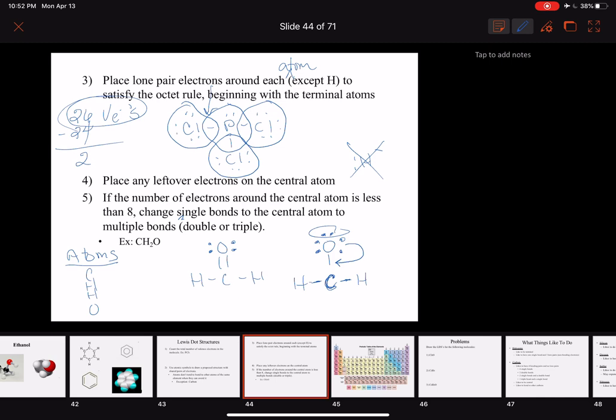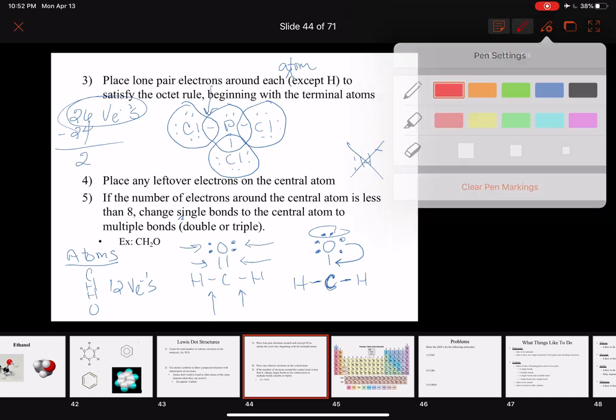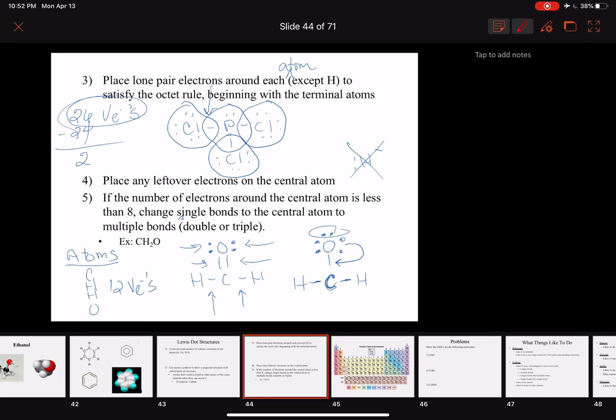Now what we can see is that we've used up our 12 valence electrons. So we've got 2, 4, 6, 8, 10, and 12. And we can also see that everybody has a duet or an octet.